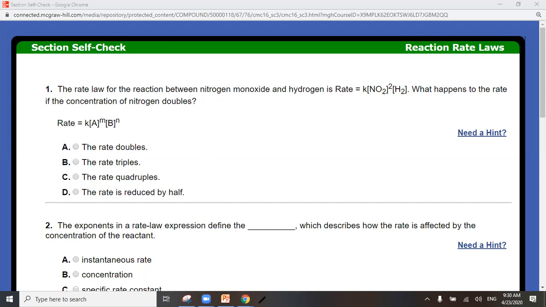I think we are going to choose that the rate will be quadrupled. Why? Because NO is doubled, so 2 to the power 2 equals 4, as we said.